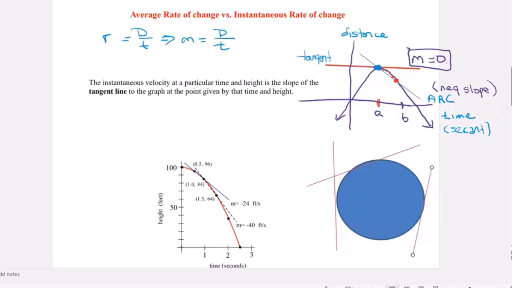Okay, it's like skimming over the top of it. Okay, and that's what this figure here also is doing. The instantaneous velocity at a particular time and height, so that's basically saying x and y on the graph, is the slope of the tangent line. And I'm going to add in here, as a preview, the derivative.